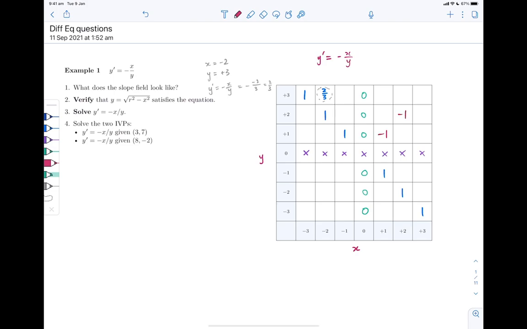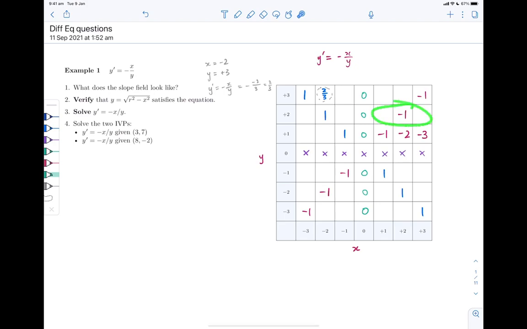And likewise these ones are -1, and likewise these ones are -1. And what about this? We've got 2 over 1, but with a negative, so that's -2, and then this is 3 over 1, so -3, right?